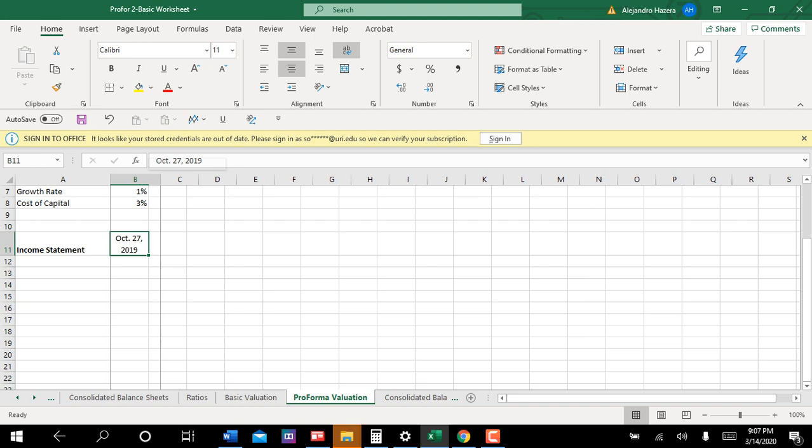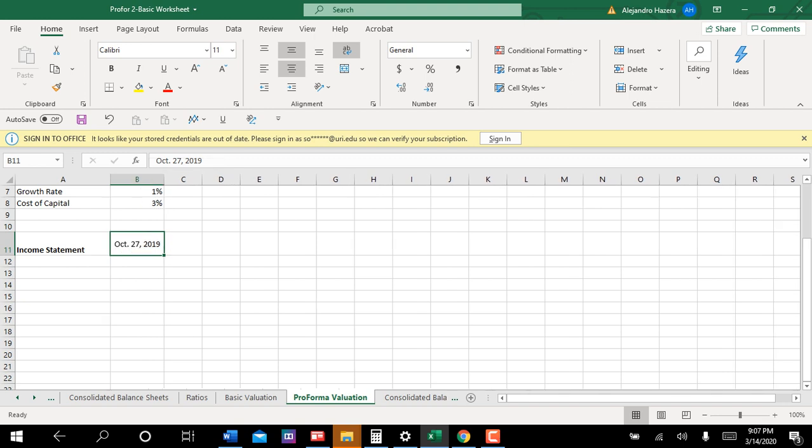So my base date is October 27th, 2019. Now, we're going to be a little bit off because we're in February now, so we're 4 or 5 months after that date, but we'll just leave it at that. Okay, so we're going to use that as our base date. And so basically 2019 is our base year.